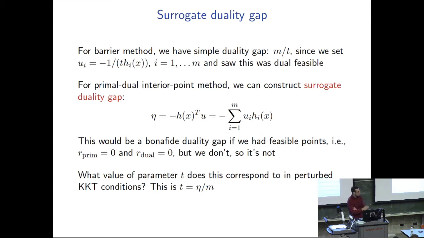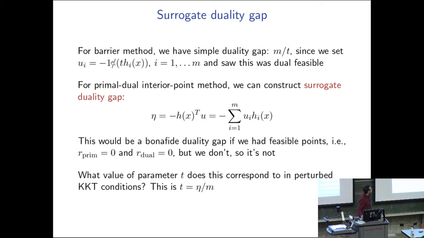So for the barrier method, as we've already mentioned, we have this very simple duality gap of m over t, and that came from setting ui to be minus 1 over t times hi of x, and v to be something in terms of w, plugging this into the Lagrange dual function of the original problem, taking the difference between the criterion value at the barrier central path solution and the dual function at these dual variables, and that led to this duality gap of m over t.